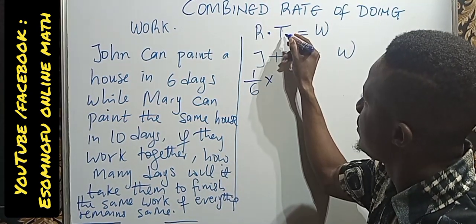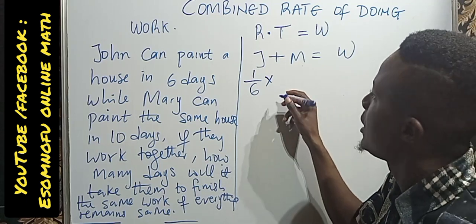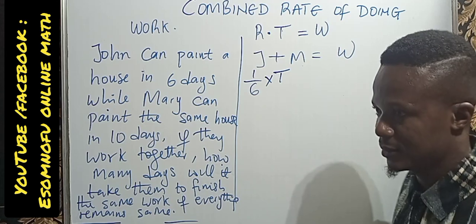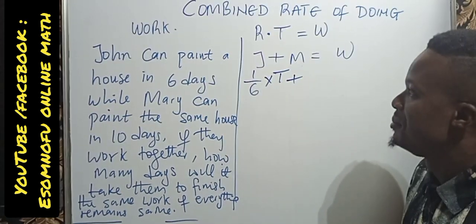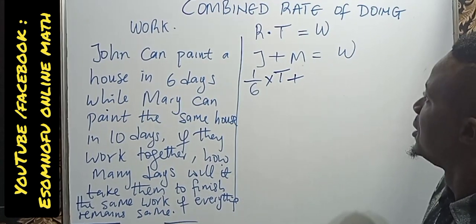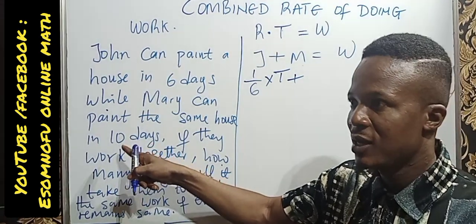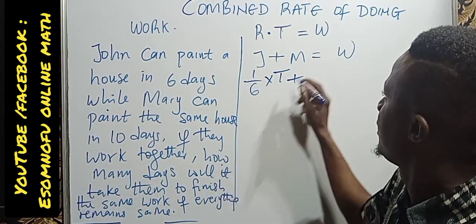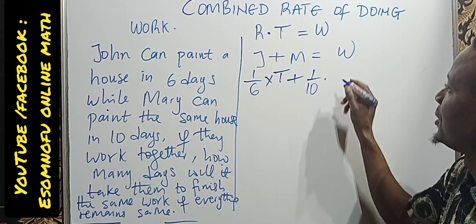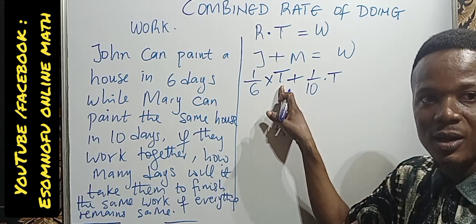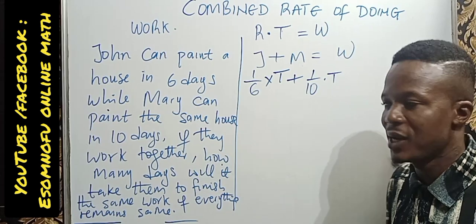Multiply by the time it took him to do the work. The time taken to do the work, let's say it's T, plus Mary's work. Mary's rate is 1/10, times the time T also, because we are assuming that both of them are starting at the same time and ending at the same time since they are working together.